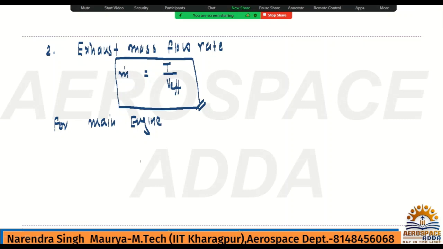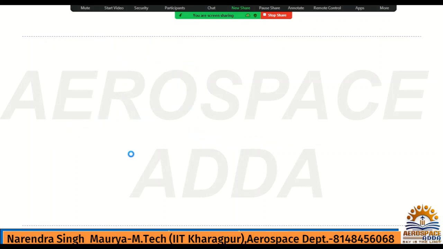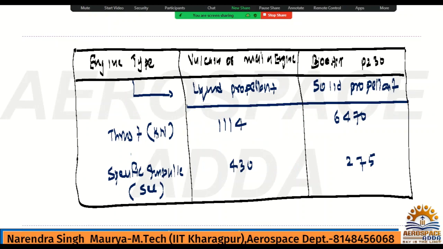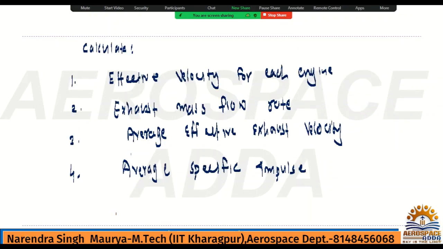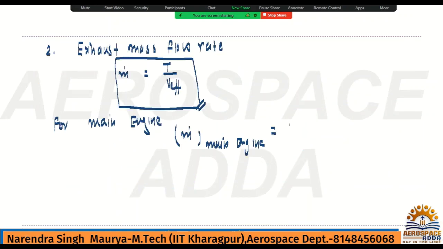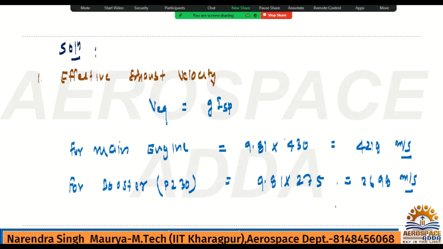So for the main engine, what is m dot, which is the mass flow rate of the main engine? Thrust they have given to us. Check what value of thrust they have given for the main engine. It is 1,114 divided by, what is the effective exhaust velocity for the main engine? 4218.